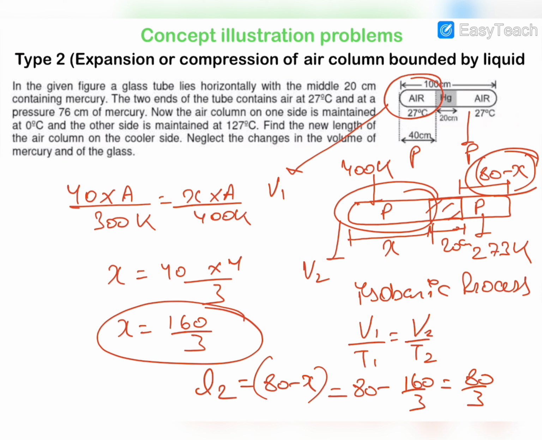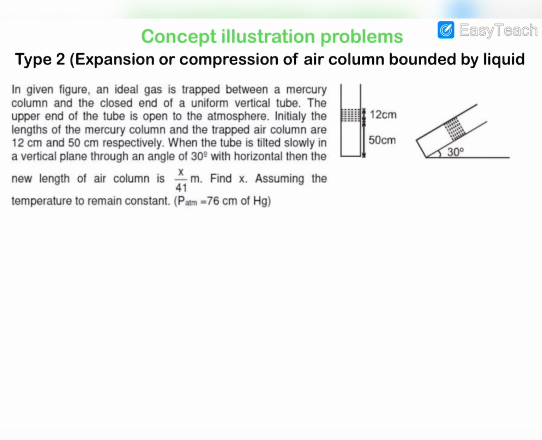Okay, so this is the question which is based on that type, and now we move on to the next question. In this question you can see that there is a mercury column and an air column below the mercury column.